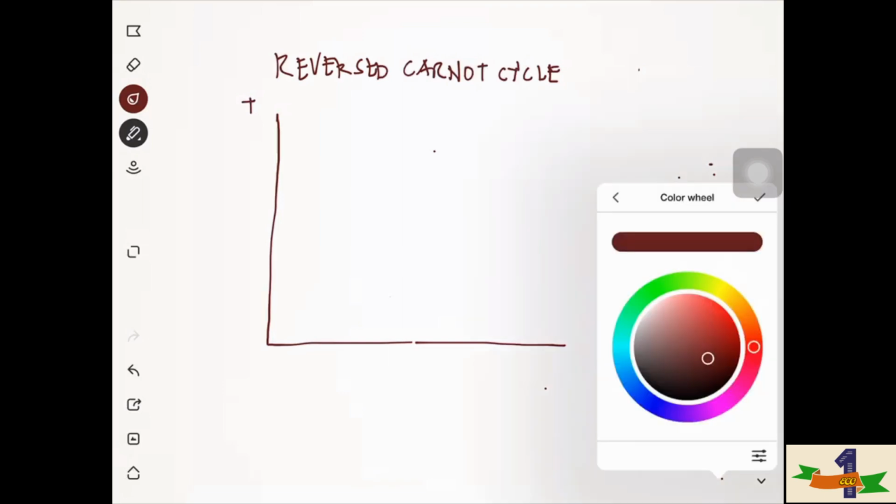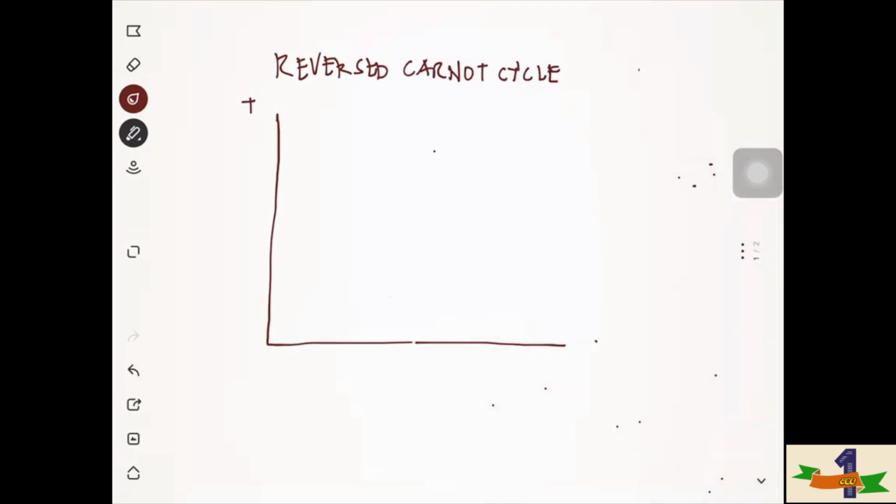This is our temperature versus entropy diagram. So this is our high temperature and this is our low temperature.